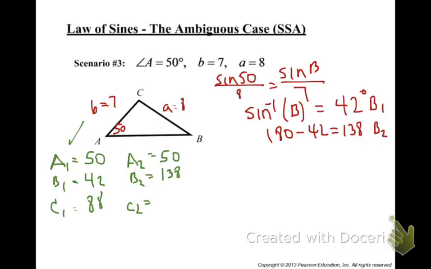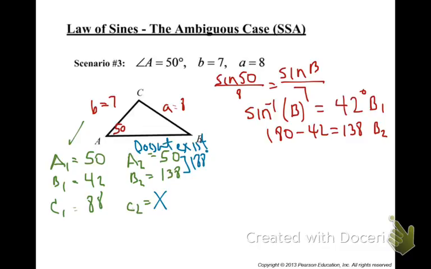If we add those two together, we get 188. So what does that tell you about your angle here? Doesn't exist, right? So that's out. So what does that tell you about this second triangle? Doesn't exist, right? So no triangle. It doesn't exist. Okay? So that one's out.